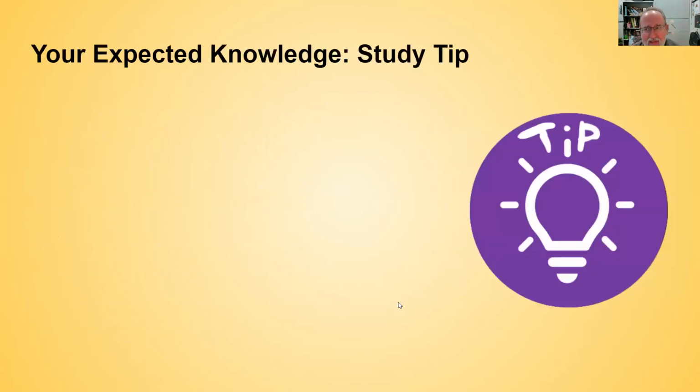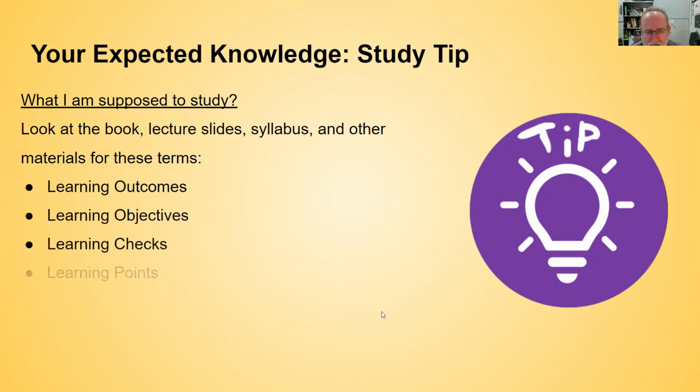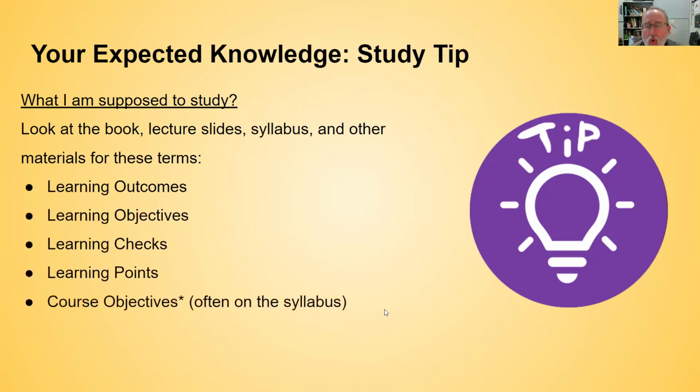Now, here's a tip about your expected knowledge. Students very often say, what do I study, Michael? There's so much information, and there is. But you can narrow that down a little bit. So what you want to do is look at your book, lecture notes, syllabus, and other materials you have. You want to look for things that say learning outcomes, learning objectives, learning checks, learning points, course objectives, which are also on the syllabus.